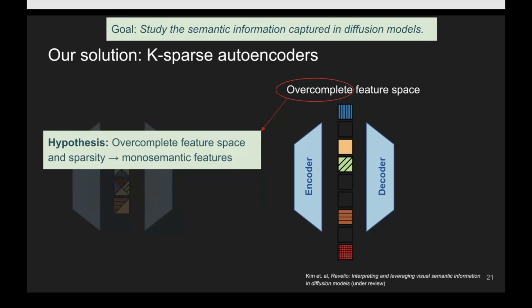The motivation is that all of these visual features are highly polysemantic in nature. A single representation has a mixture of different semantic information, and the goal is to split that into monosemantic representations. k-sparse autoencoders are one way folks are exploring to achieve this.